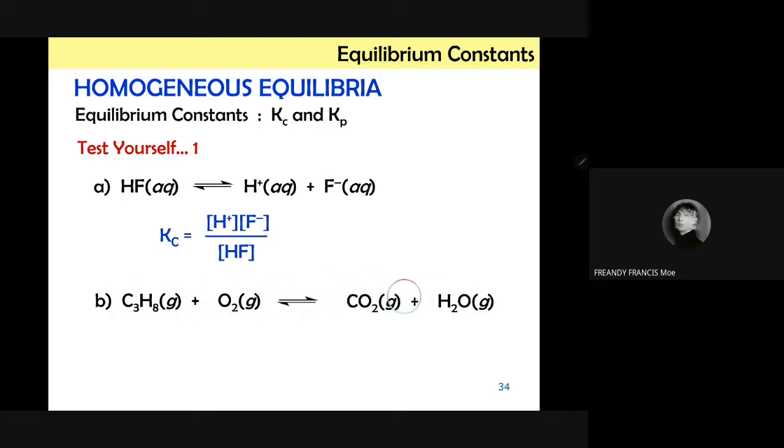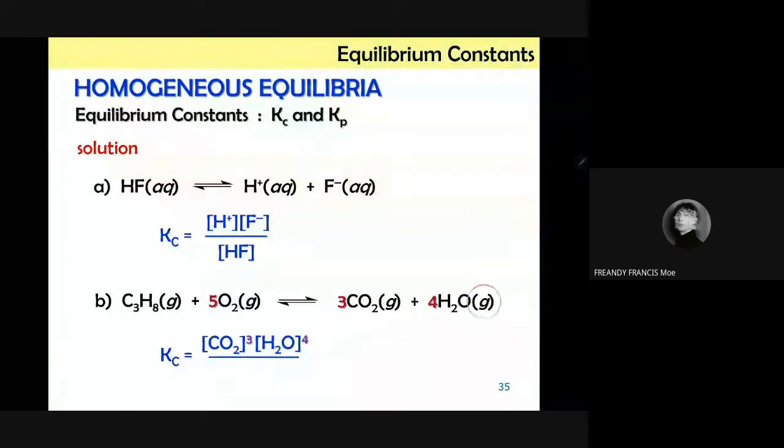So first of all, kita kena balancekan equation. Kita balancekan equation tambah 5, tambah 3, tambah 4. Okay. Dan Kc dia sama dengan concentration of CO2, gas, multiplied by concentration of H2O, gas, bahagi concentration of C3H8, multiplied by concentration of O2 to the power of 5.